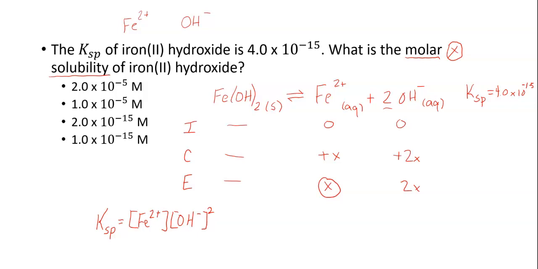Okay, so if we now plug stuff in, KSP is 4.0 times 10 to the negative 15th. Fe is x, OH minus is 2x, and that is being squared. So for 2x squared, I need to square both the 2 and the x, so that becomes 4x squared.